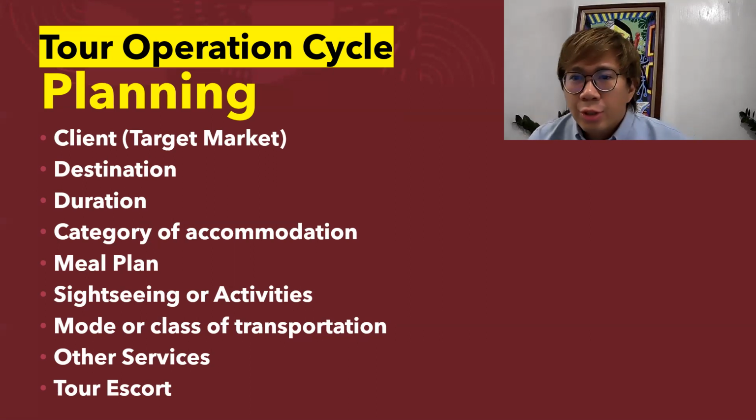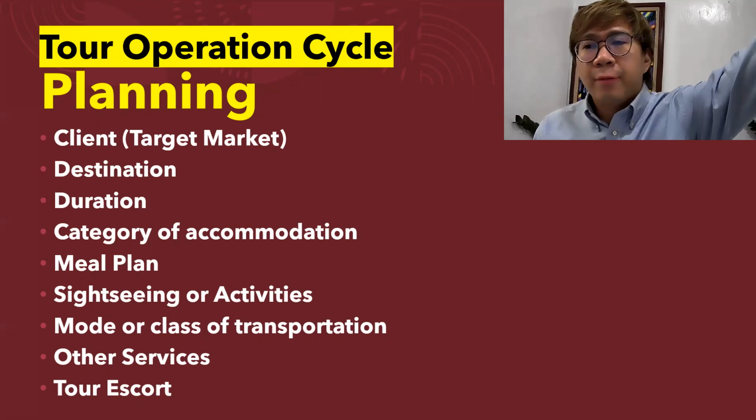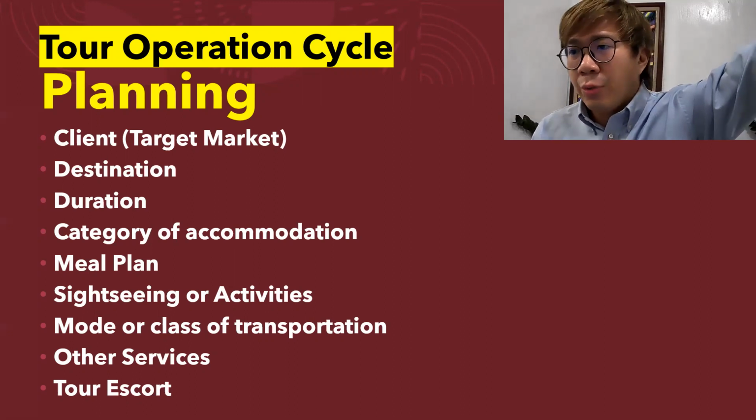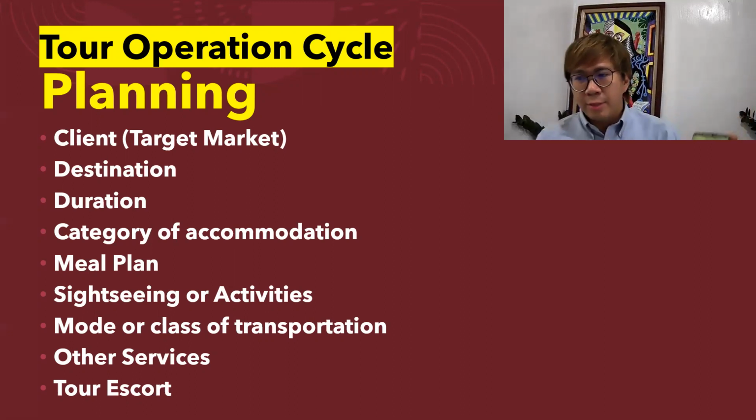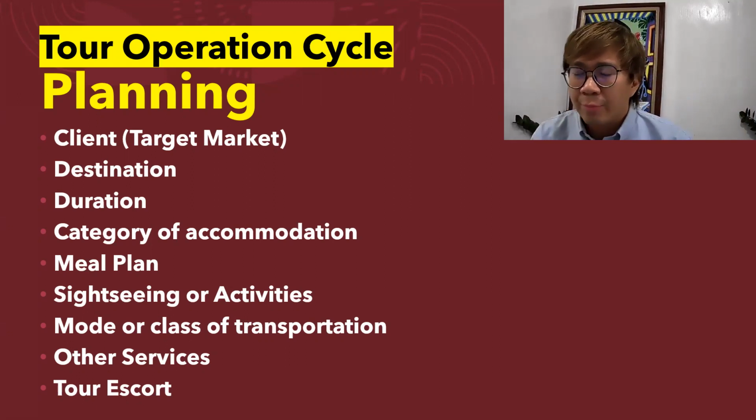Next, duration. For duration, of course, we're referring here to the amount of time. So the common logic that we use for duration is that if the passenger has a short haul flight, let's say around 2 to 3 hours, flying from Manila or from their origin, the standard package should be around 3 days and 2 nights. Bakit? Because that's suffice.